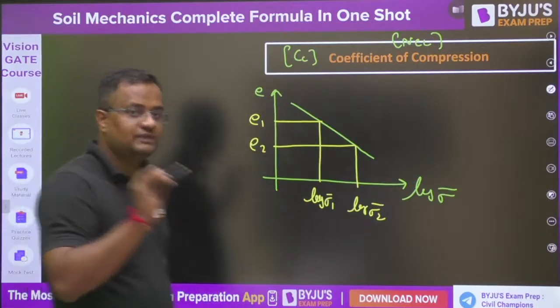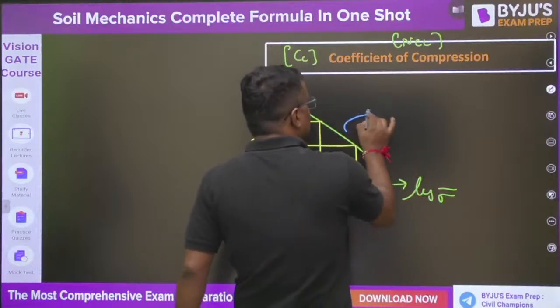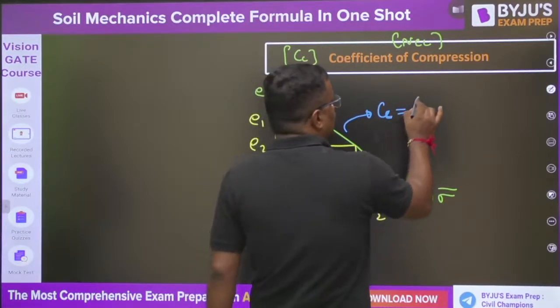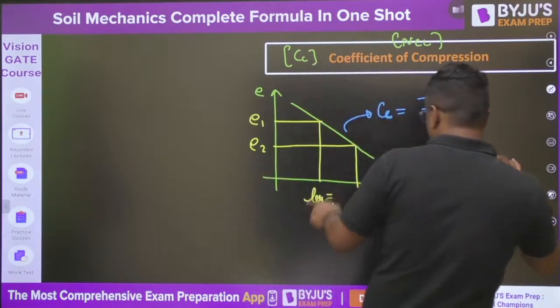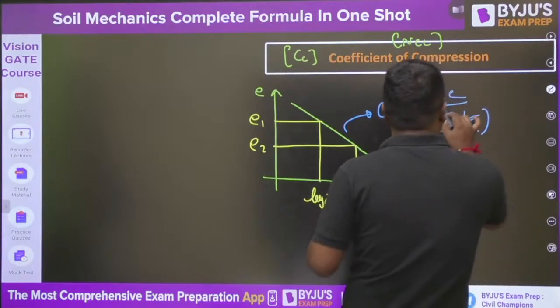Now the slope of this line is the coefficient of compression. That is, slope is y2 minus y1, that is minus delta E upon log x2 minus x1, log sigma 2 bar minus sigma 1 bar, that is log sigma 2 bar by sigma 1 bar.